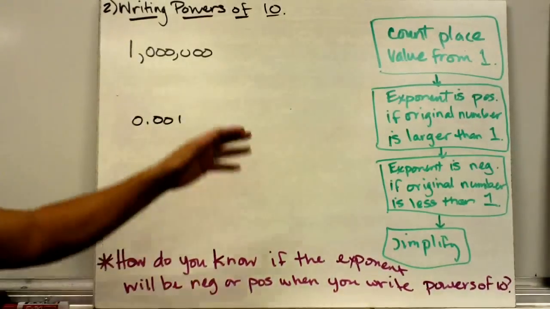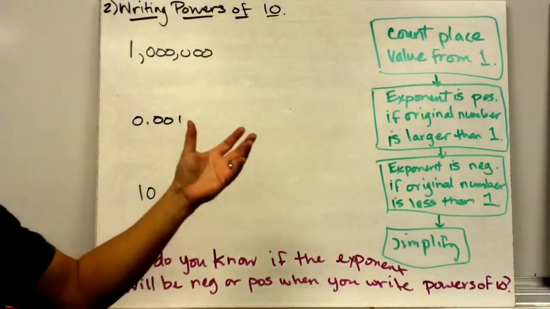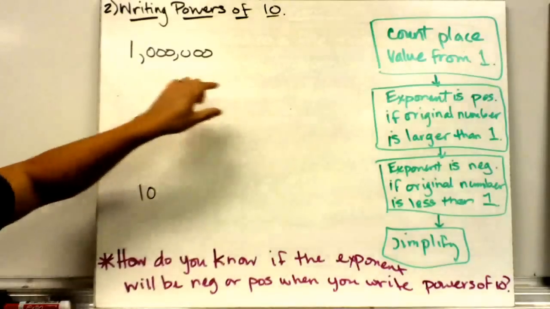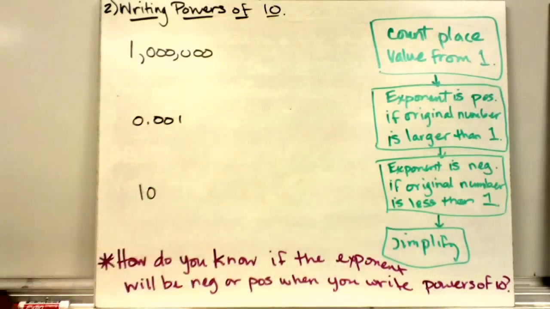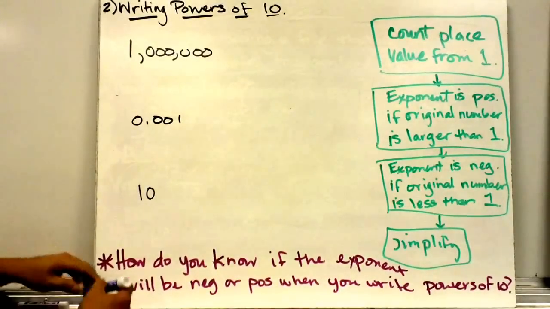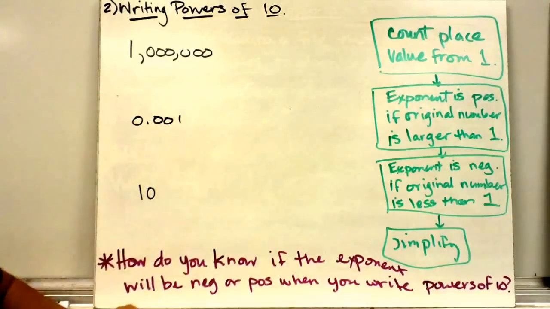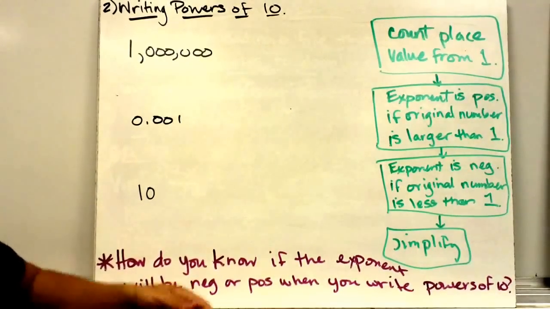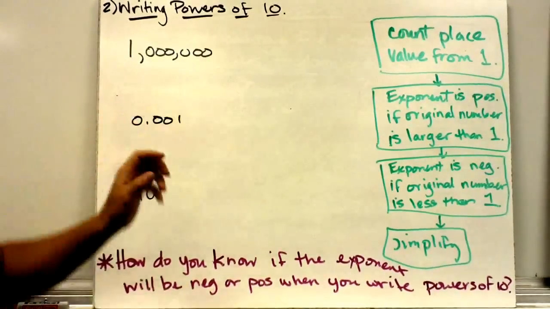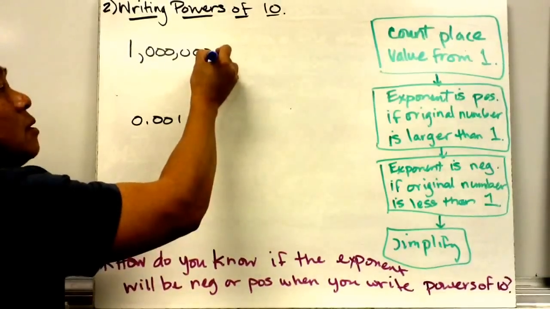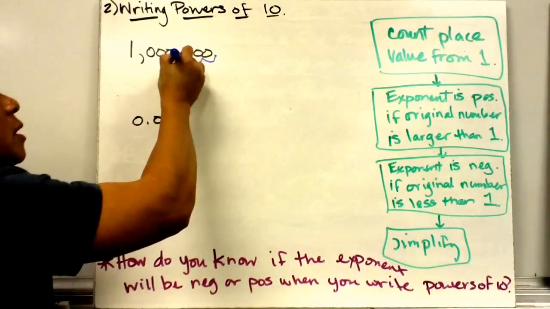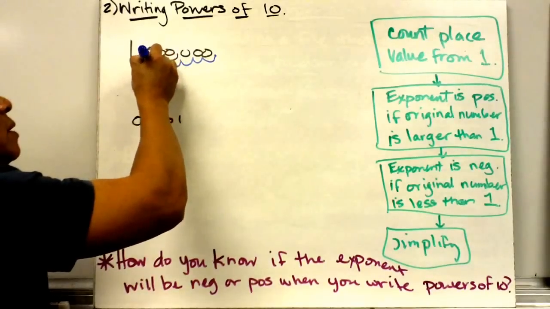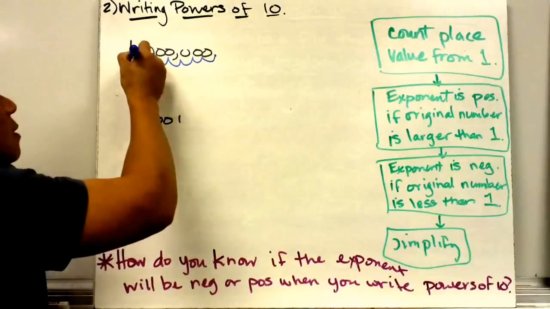Okay, so now let's reverse that. We're going to write powers of 10 on this one. So we're going to turn it back into its original. We're going to count the place value from 1. So let's look here, and we're going to take our decimal and go 1, 2, 3, 4, 5, 6.